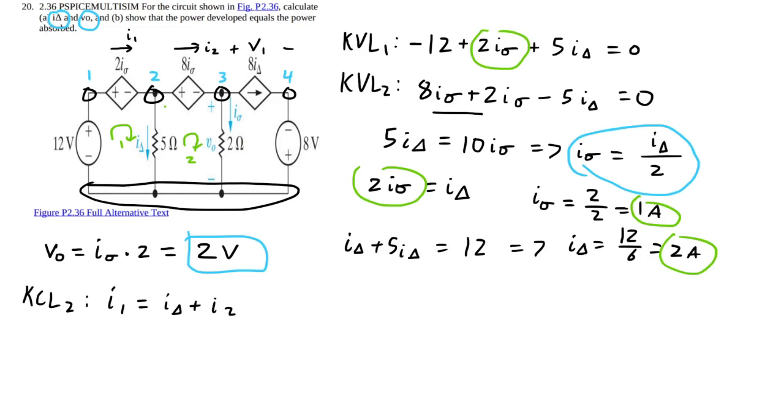If we go back to see this, that means that I2 is going to equal I sigma plus 8 I sigma. Yes, because there's I delta. Right?